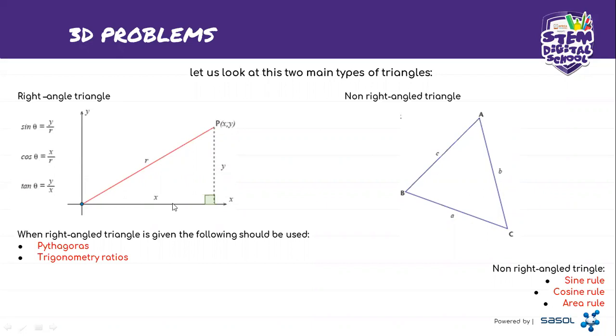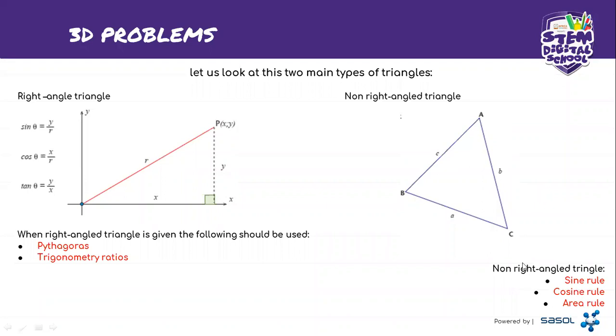Okay. Now, what will happen if you are now having a triangle which is not a right angle triangle? For you to be able to calculate, for instance, if they ask you to calculate a side, or you have to calculate an angle, then we have to use the following: the sine rule, the cosine rule, and the area rule, right?